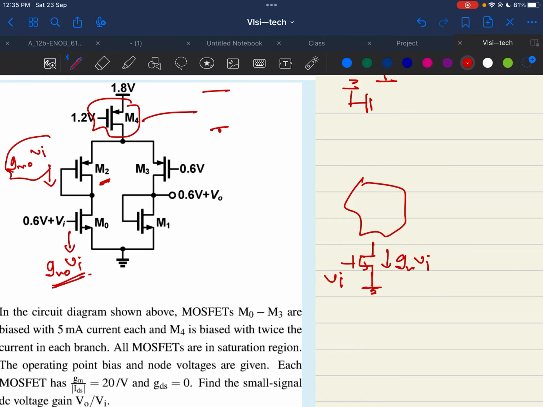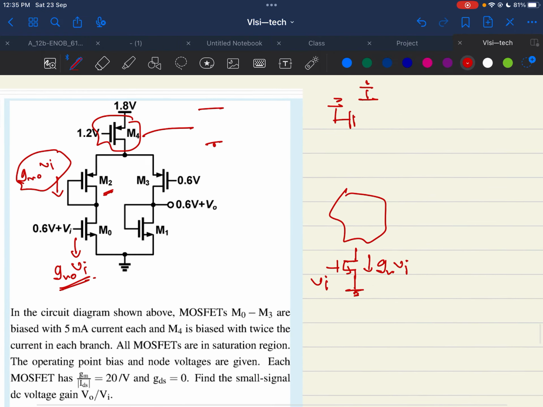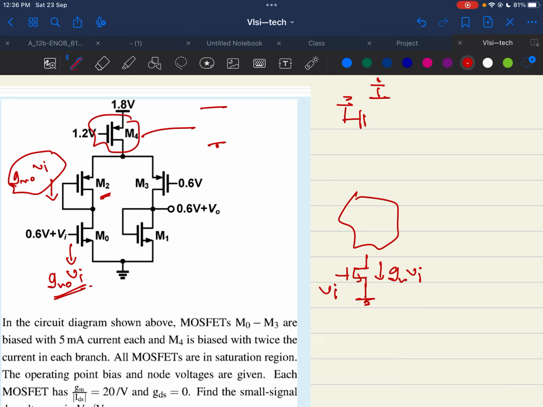As M4 is an open circuit and M3 and M2 are in series, this Gm0 Vi will flow in this direction, and also through the M1 transistor.